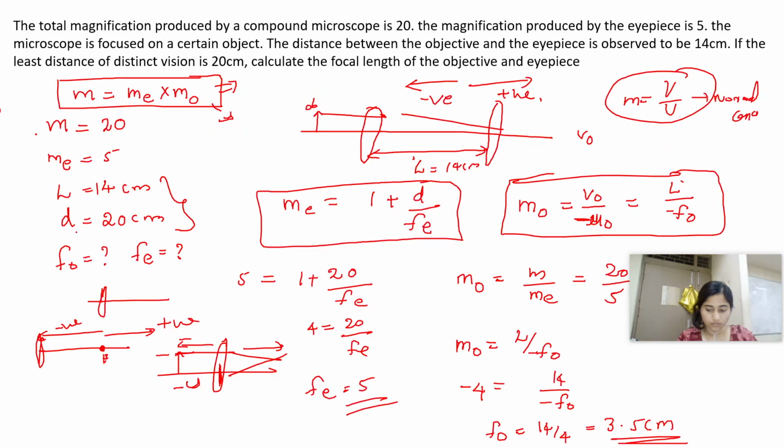Angular magnification is just measuring the magnification from the point of view of angle.